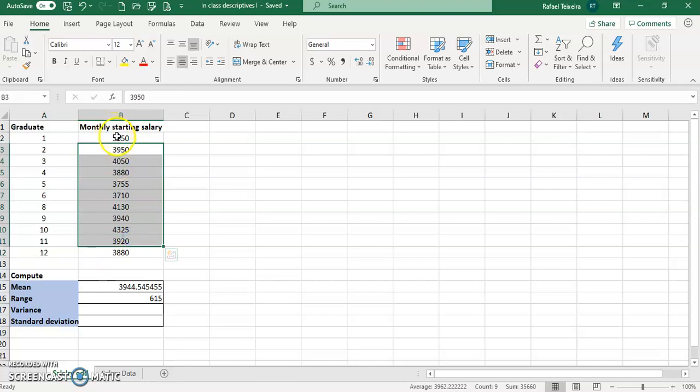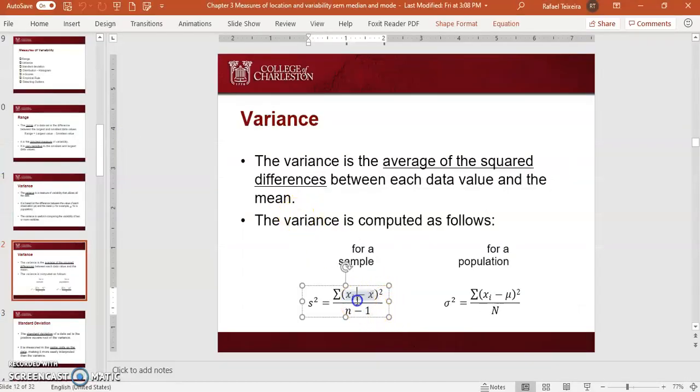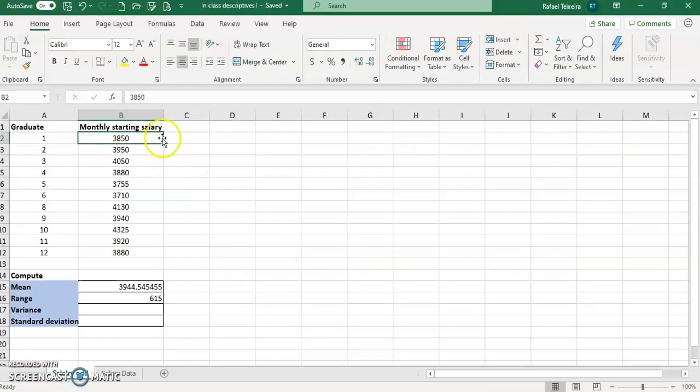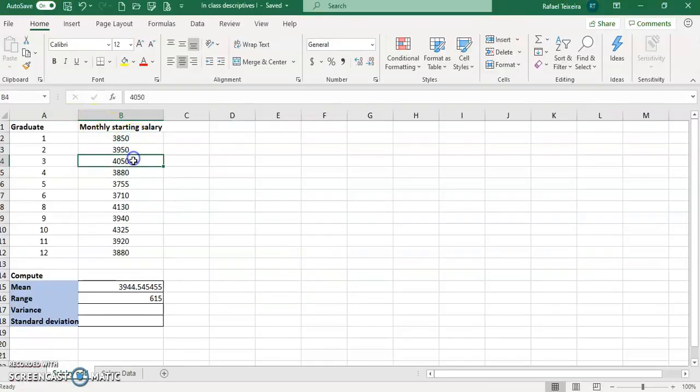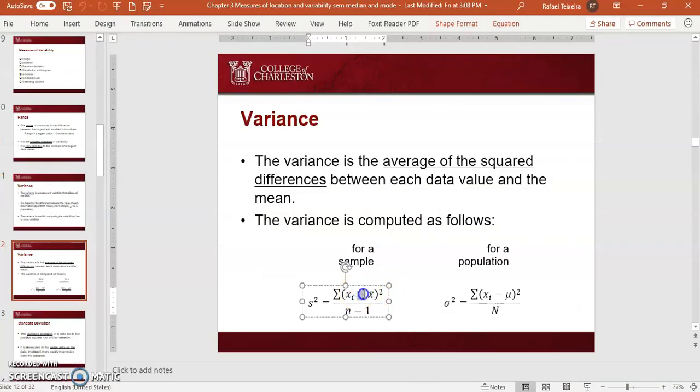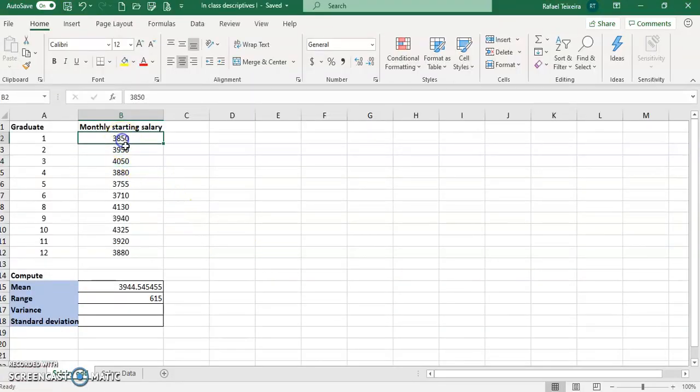If the variable is monthly starting salary, each data point goes in the xi. So this is x1, x2, x3, x4, and so on. We are measuring how far each one of these values is from the sample mean.